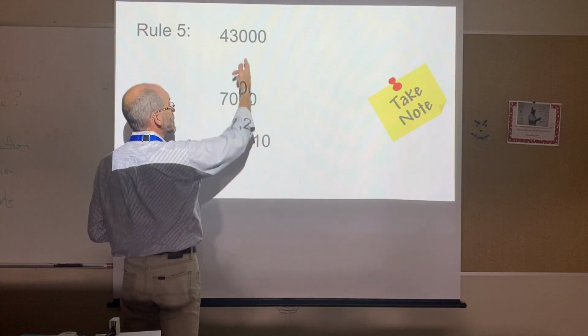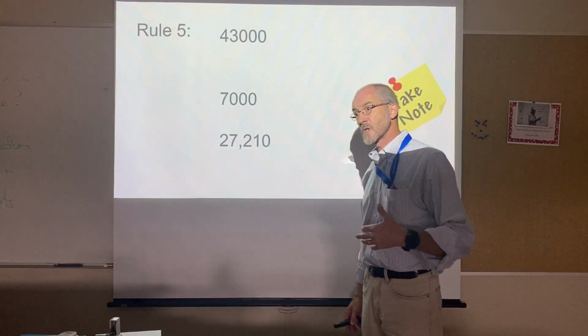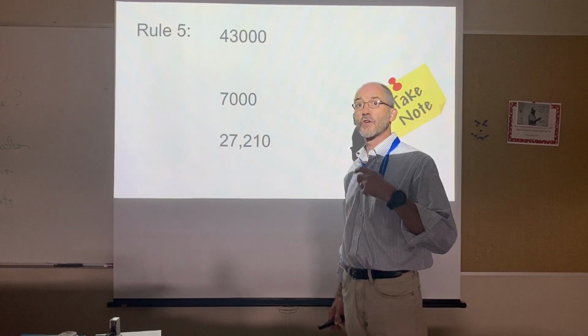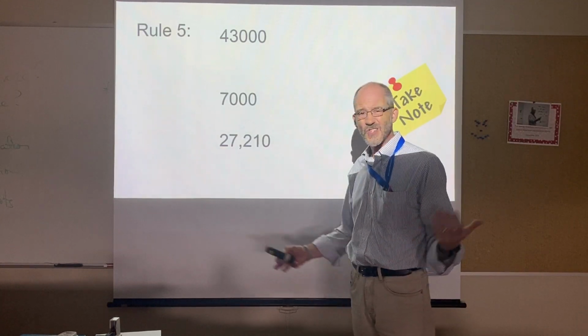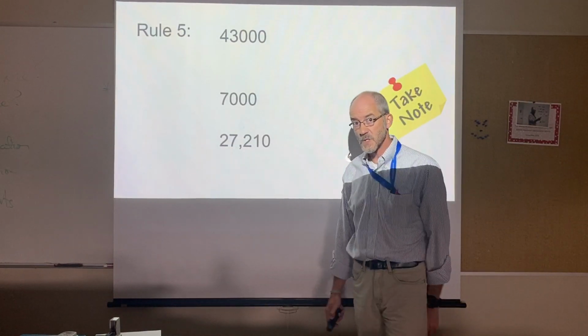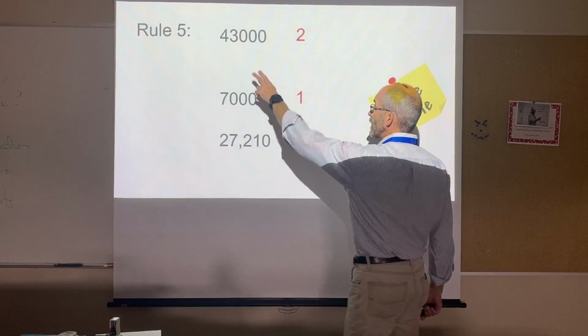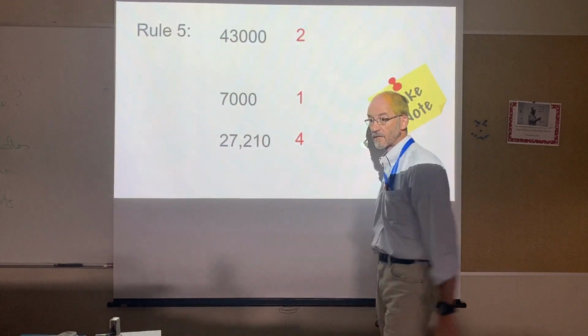But these zeros are simply acting as placeholders. They're not really telling us about the accuracy level or the precision level of a piece of equipment. So we don't consider them to be significant. So what do you have? You have 2 sig figs, 1 sig fig, and here you have 4 sig figs.